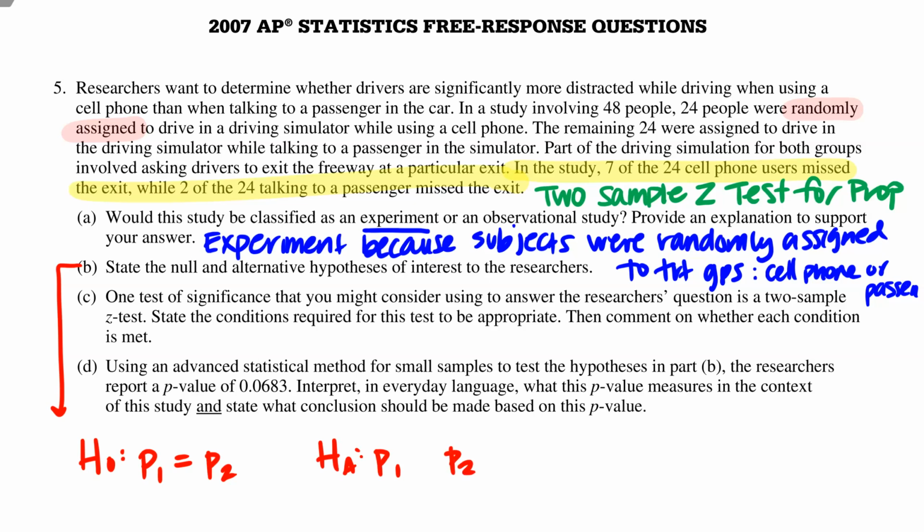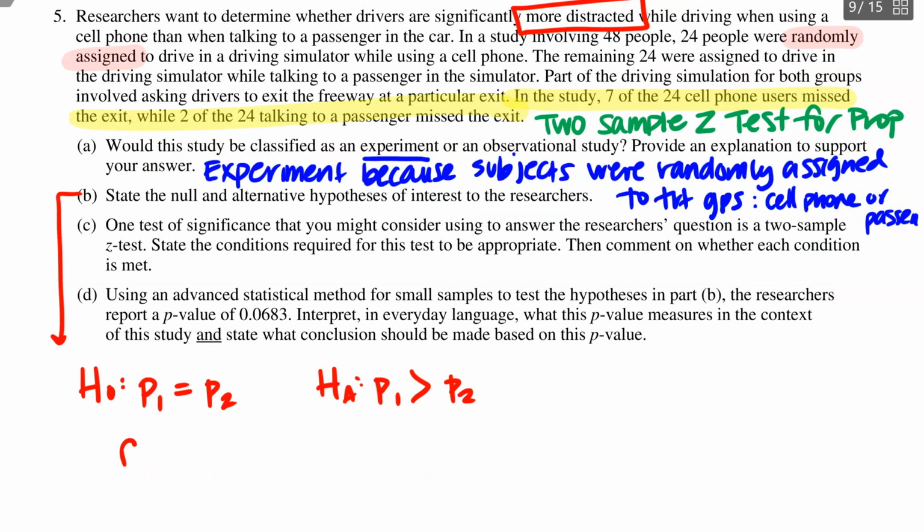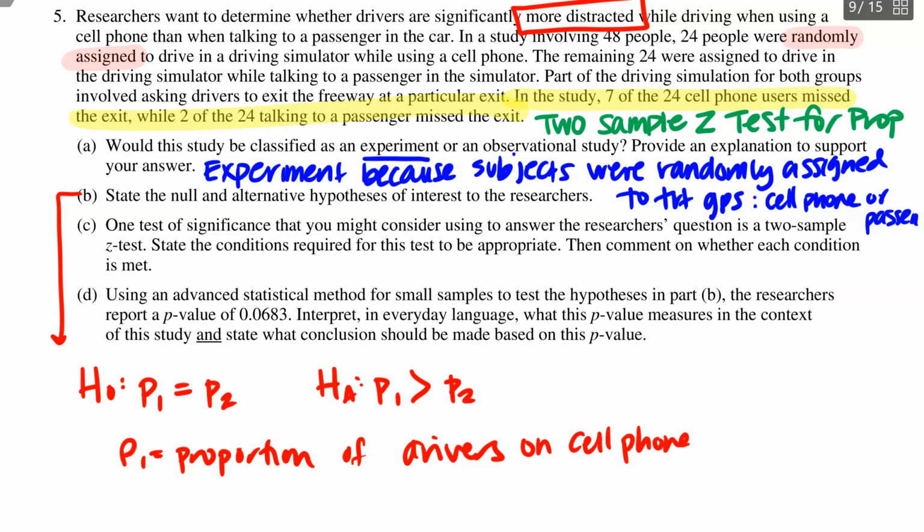And they thought they would be more distracted. We did have a directional keyword, so we thought there was going to be a greater amount in group 1. Now we need to define both groups and what these proportions are. So P1 is equal to the proportion of drivers on cell phone to miss the exit.